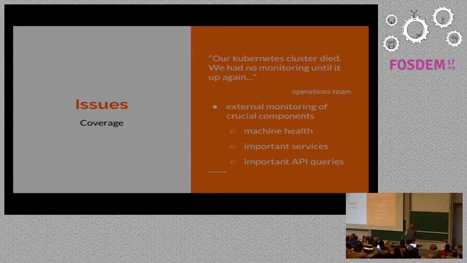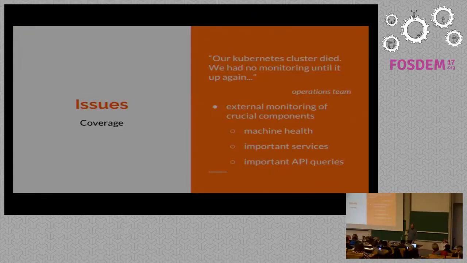In our internal environment, our DevOps team had a severe outage last week, and simply no pods, no deployments worked, nothing worked anymore, and they did not see anything until the Kubernetes cluster was up and running again, because all the internal Prometheus was down. No metrics were delivered.